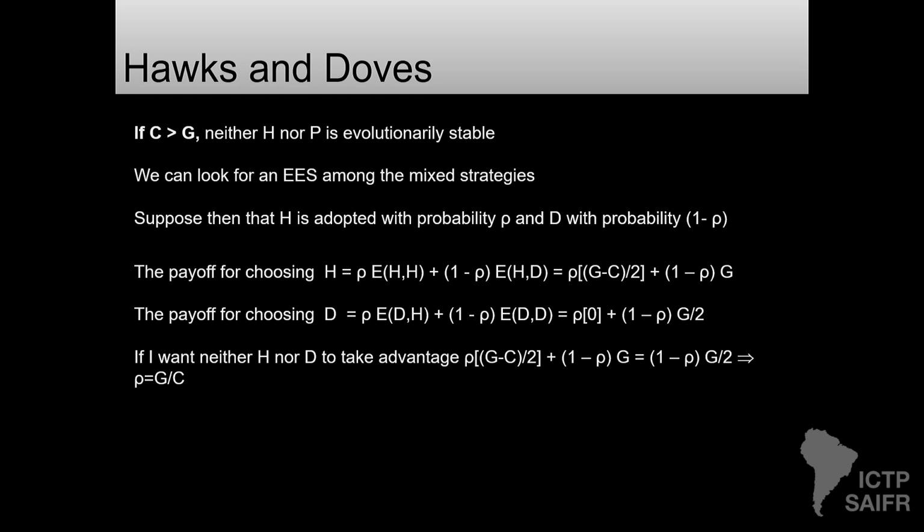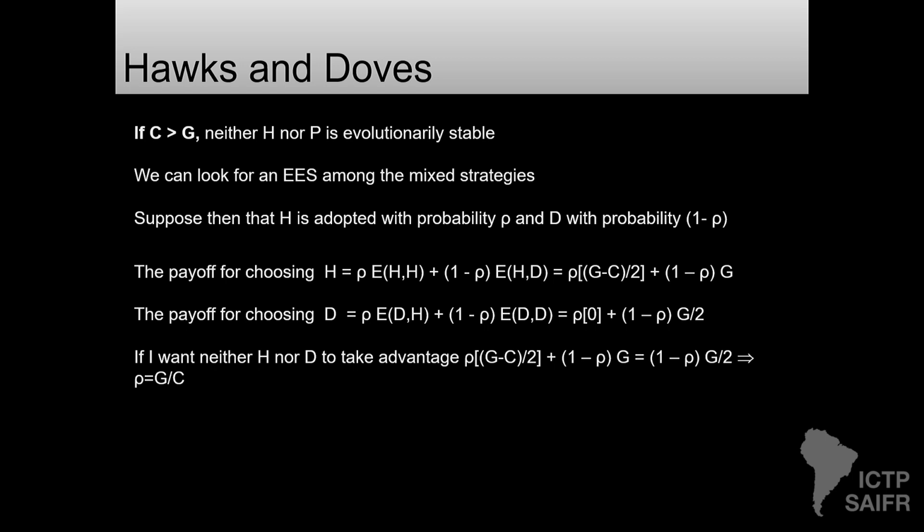If I choose hawk as a strategy and compete against this strategy, the payoff for H would be rho multiplied by the payoff of a hawk competing with a hawk, plus 1 minus rho times the payoff of the hawk competing with a dove, because this strategy has a fraction rho of playing hawk and a fraction 1 minus rho of playing dove. So the payoff of a hawk against P should be calculated in this way.